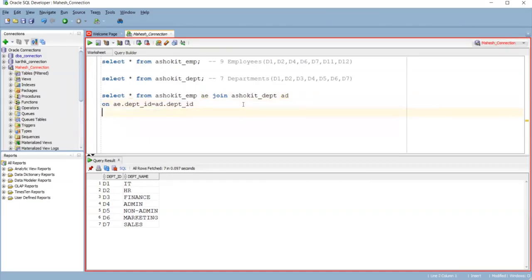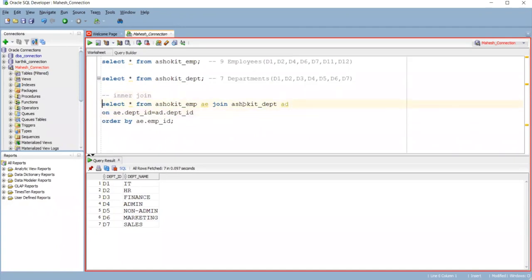Then order by AE dot employee underscore ID. That's all. So observe carefully, sir. We are just trying to perform an inner join, sir. Inner join always picks the matched records from the left hand side table and the right hand side table, sir.